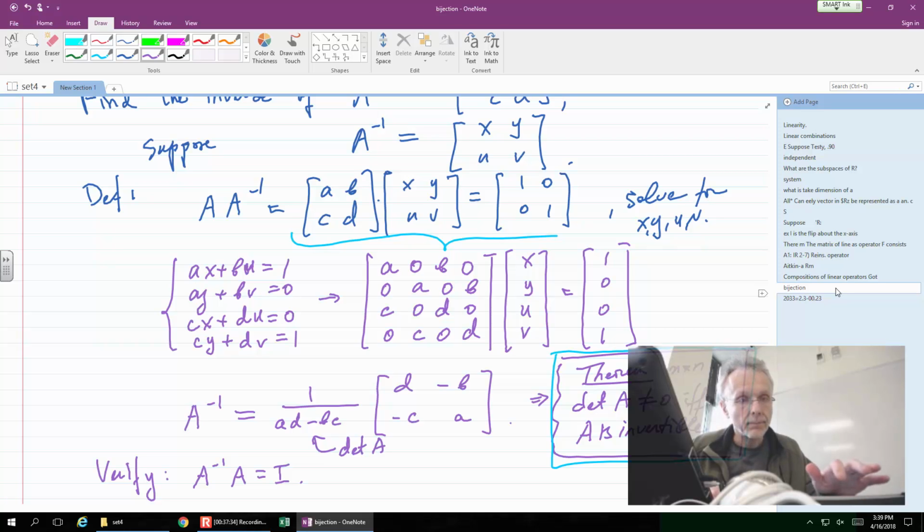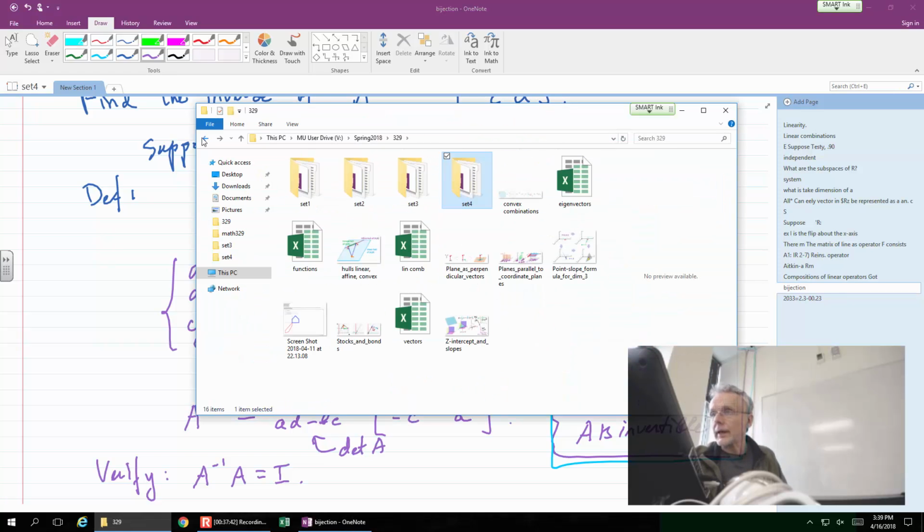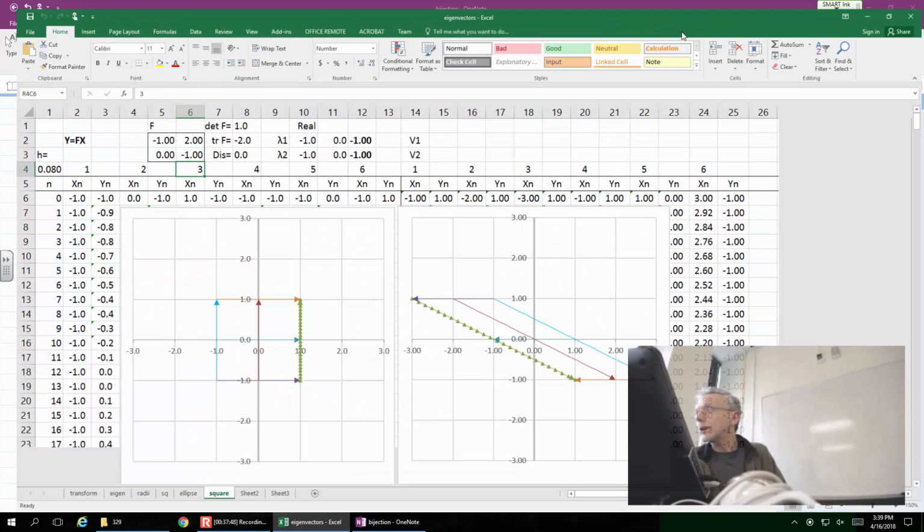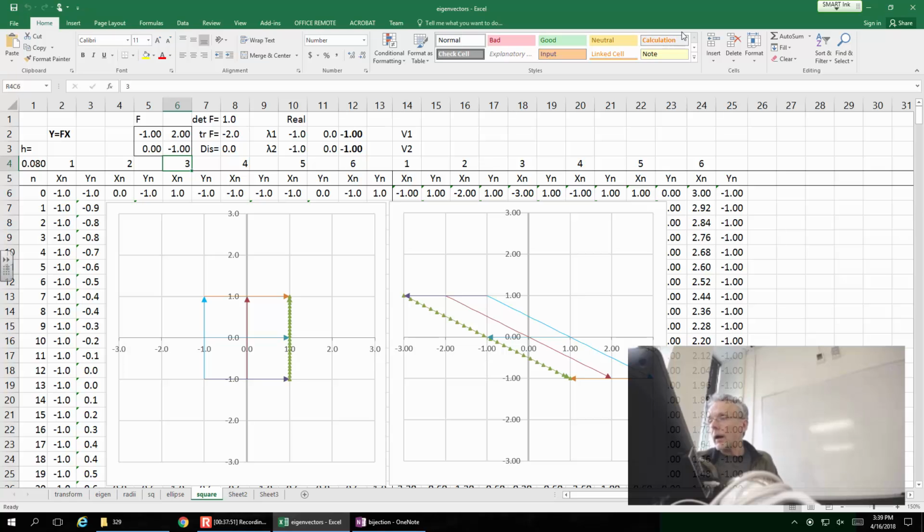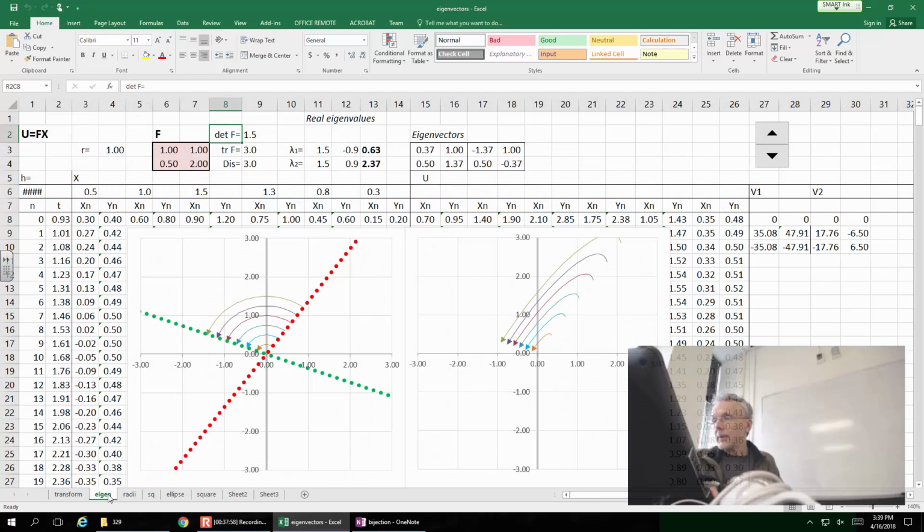So let's see. Let's take another look at, let me just bring up that picture again with the stretching and shrinking. This is an example of one that does the skewing, but it is a little bit confusing.